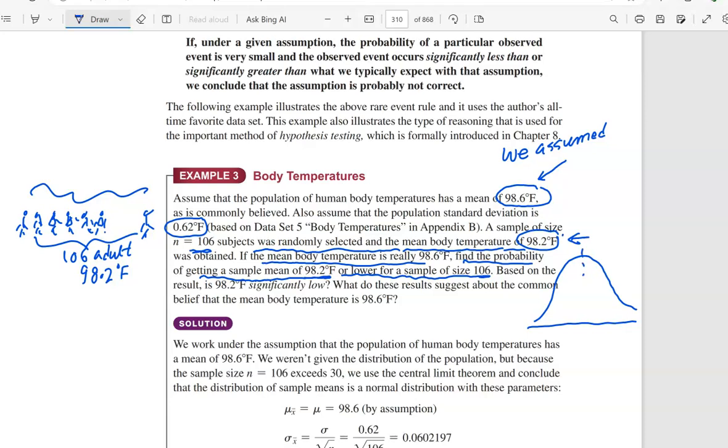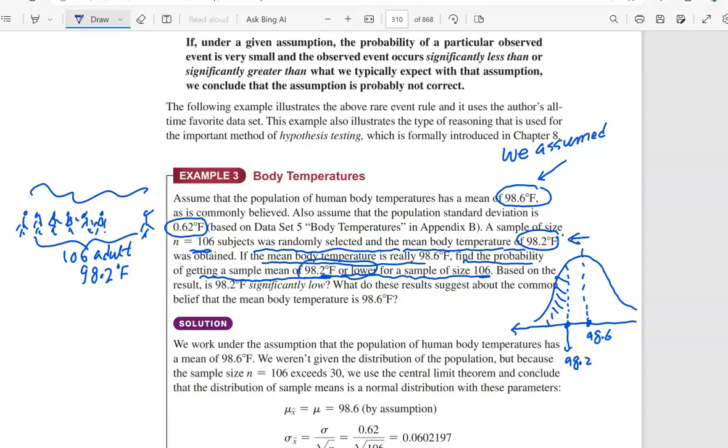The mean was 98.6. What is the probability that for 106 people, their mean body temperature is 98.2 or lower? Okay, 98.2 or lower.